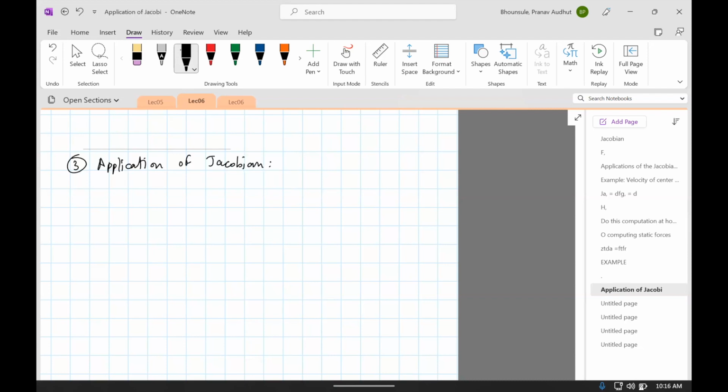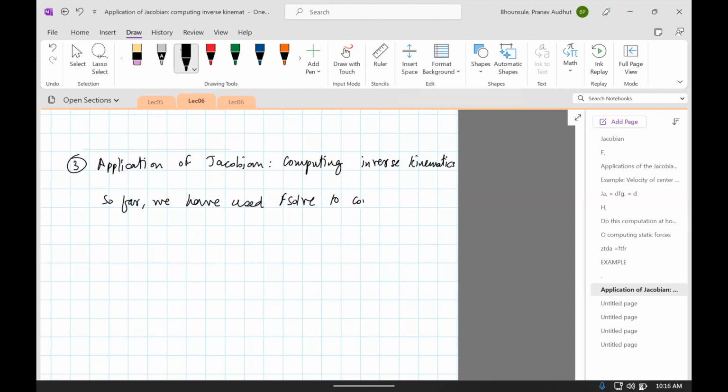Jacobian is computing inverse kinematics. So far, we have used fsolve to compute inverse kinematics.